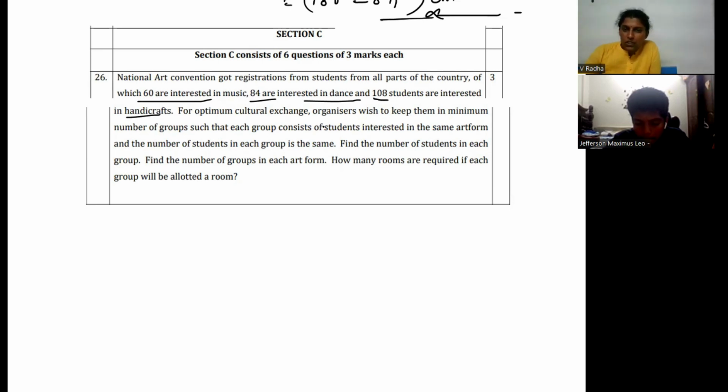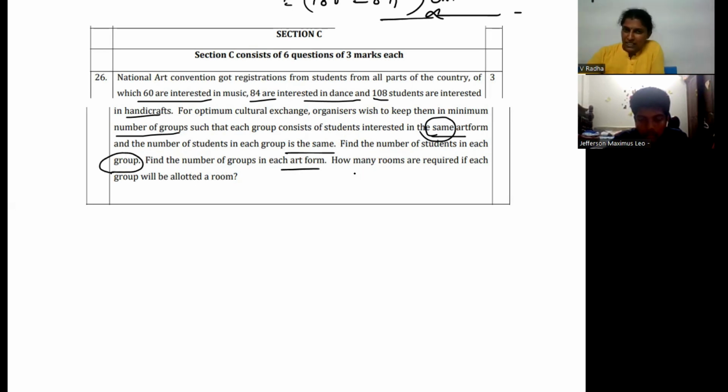For optimal cultural exchange, minimum number of groups such that each group consists of students interested in the same art form, so in one room only handicraft students should be there. And the number of students in each group is the same. Find the number of students in each group and number of groups in each art form.